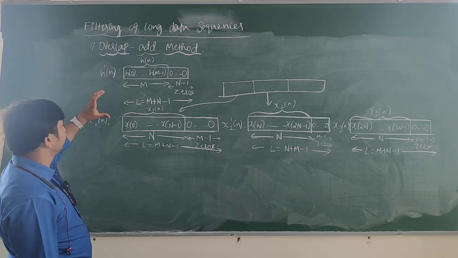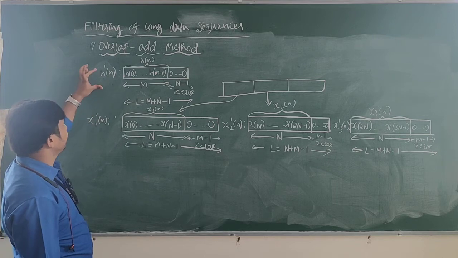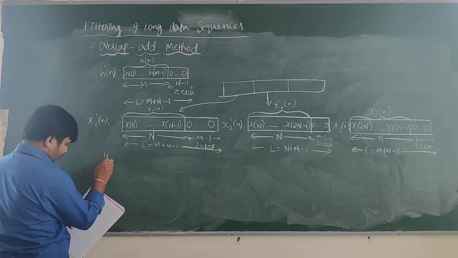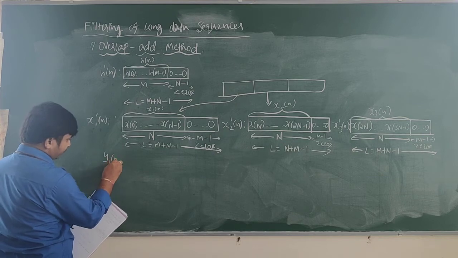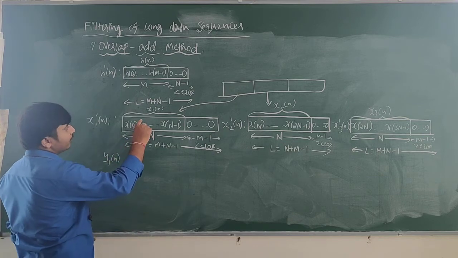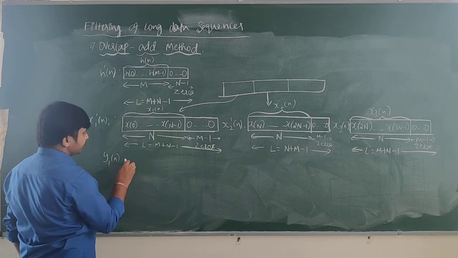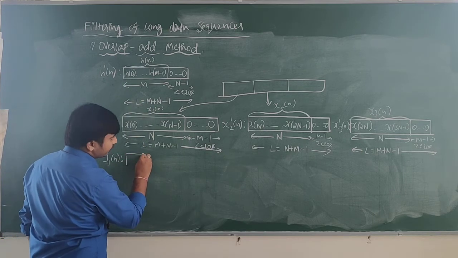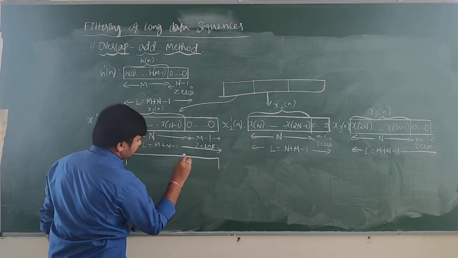The convolution of x1 dash of n with h dash of n will give you the output y1 of n. So if you convolve these two sequences, we get the output y1 of n.